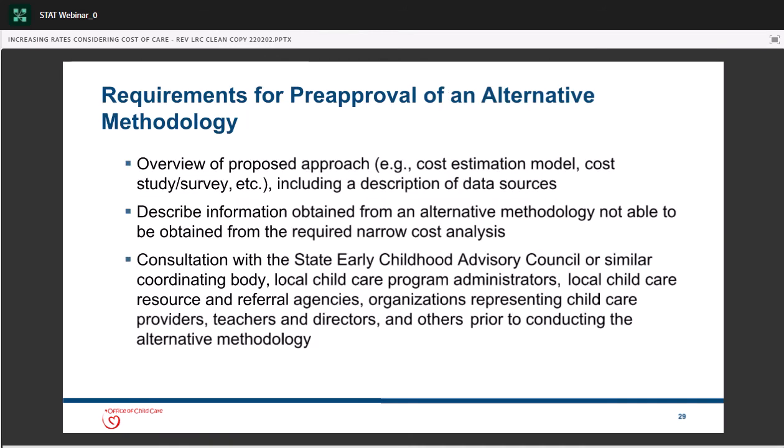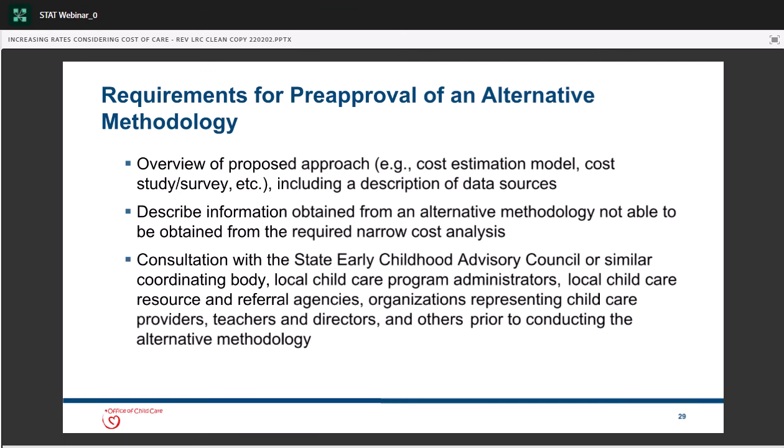Next slide, please. These are the requirements for the pre-approval that you have to seek prior to conducting an alternative methodology. These were outlined in the program instruction for the fiscal year 22-24 CCDF plan preprint. As we will note, lead agencies need to address 10 items in the request for an ACF pre-approval for an alternative methodology.